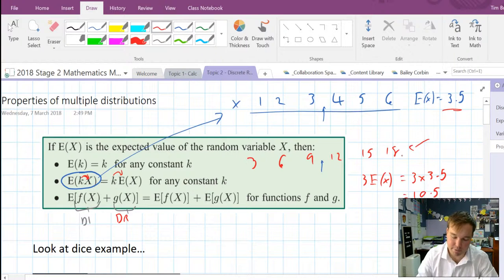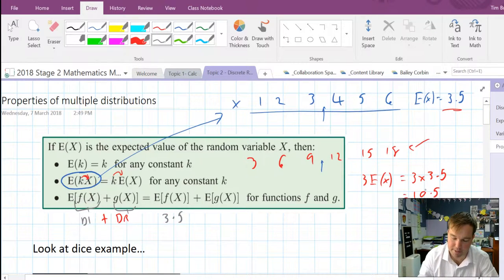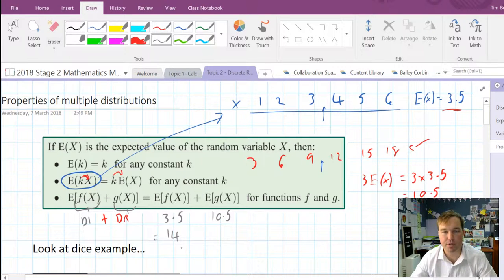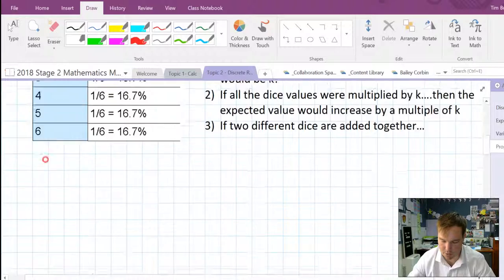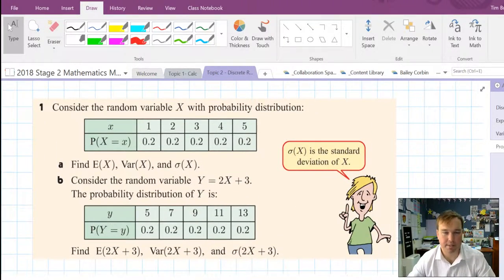The expected outcome for the sum of those two distributions, or sum of those two dice rolls, would be 3.5 from the normal dice and 10.5 from our special dice, leaving us with a grand total of 14. We would expect the average return to be 14. Alright. We'll put these rules into practice and spend some time putting them into practice, but now I'd like to go on with a slightly different and more complex one.